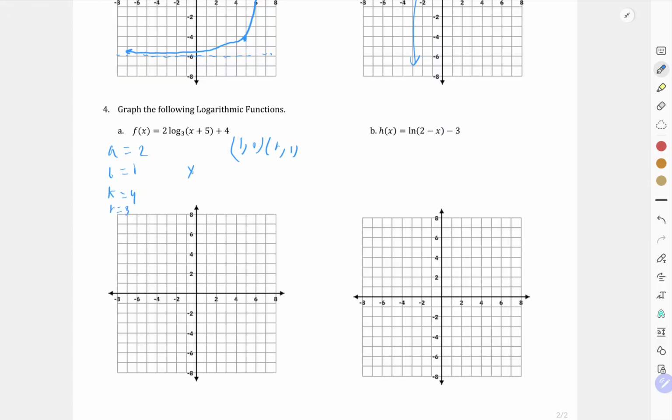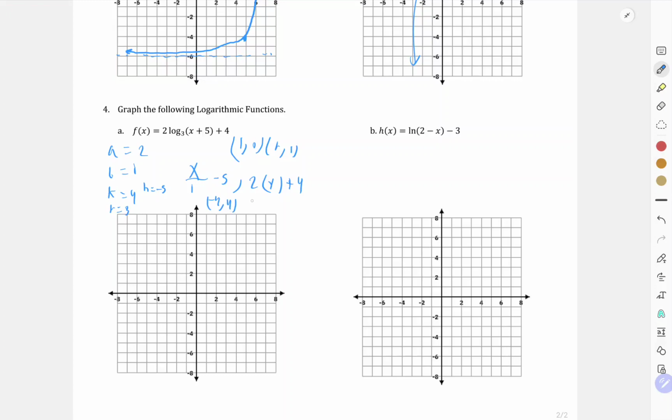Alright, let's start plugging it in. X over B, which is 1, plus our H, which is negative 5. And then our A, which is 2, times Y, and our K. So 1, negative 4, and then 0, so it's 4.